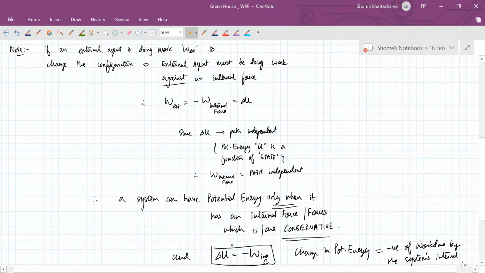So the work done by the external agent is nothing but negative of W internal force, which is equal to the change in potential energy. Hence delta U can be defined in terms of the work done by the internal conservative force. This might be a little confusing first up, but when we understand this with examples, it will become 100% clear. So just make a note of this first.